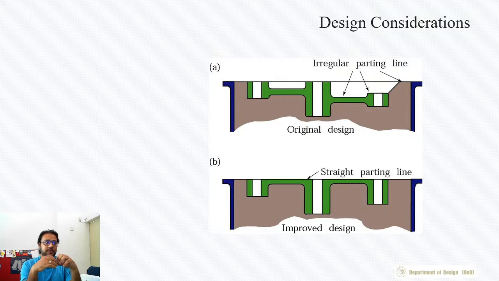The places where the cold shuts and misruns are happening, you would try to pour material in such a way that the material reaches there faster, or some extra material is there, or the temperature at that location is not too drastically different. So that's how you would control it. It's a fairly trial and error and experience oriented process if you're not depending on design software. I hope that answers your question.